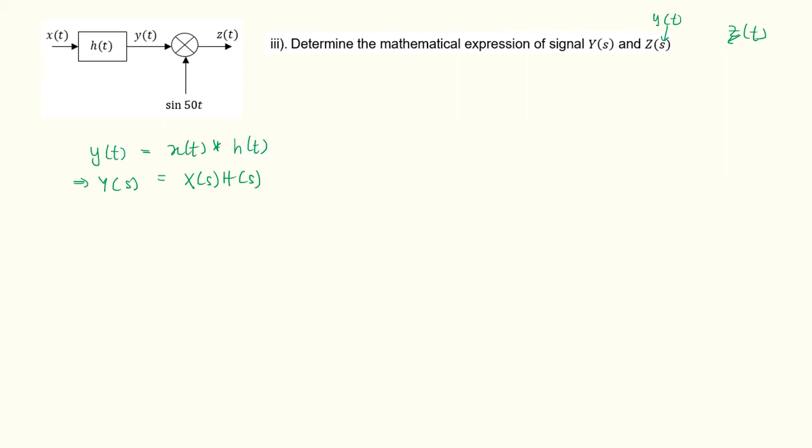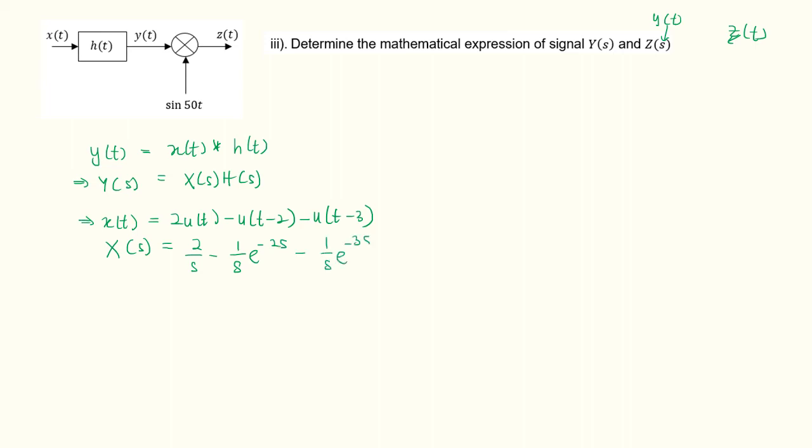Your xt from question 1 equal to 2ut minus ut minus 2 minus ut minus 3. So you need to get your Xs, which is equal to 2 over s minus 1 over s e to the minus 2s minus 1 over s e to the minus 3s.